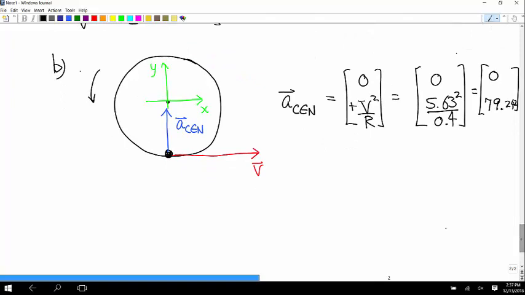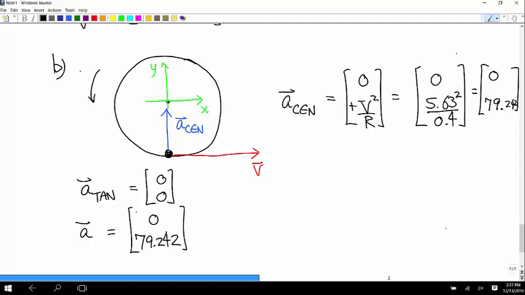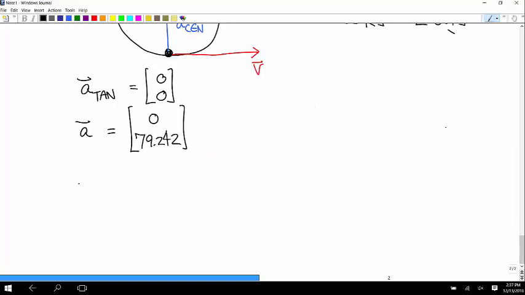What about the tangential acceleration? There is none because the speed isn't changing. So the total acceleration is 0, 79.242. And now draw a free body diagram.